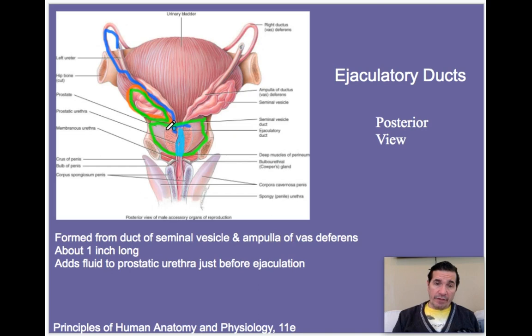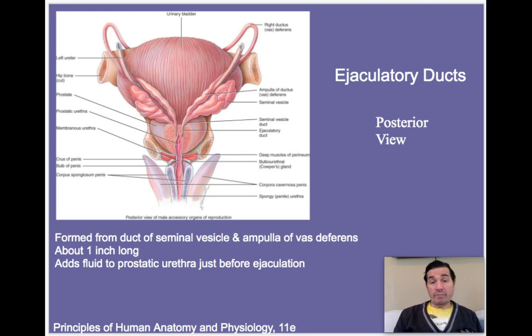And we have the ejaculatory duct right in this area. So it's not that long. It's very short. It's only 1 inch long. So it does have a difference as far as what you're actually looking at. I want you to understand that that's one of those things that happens.